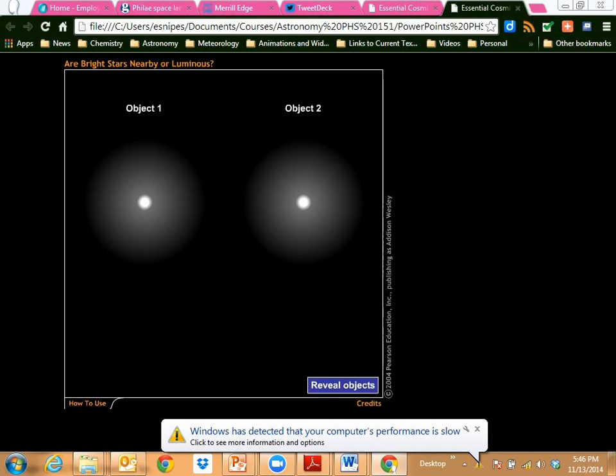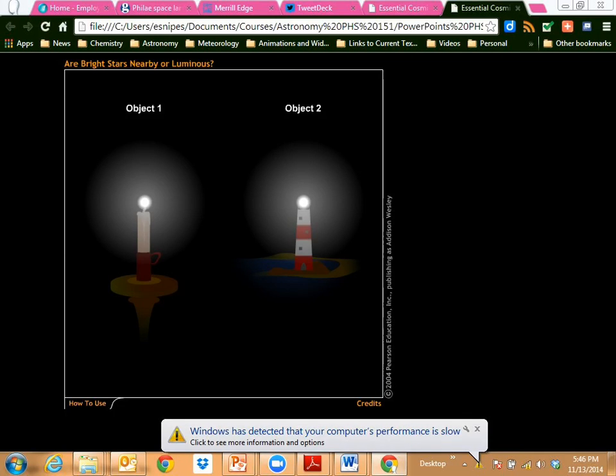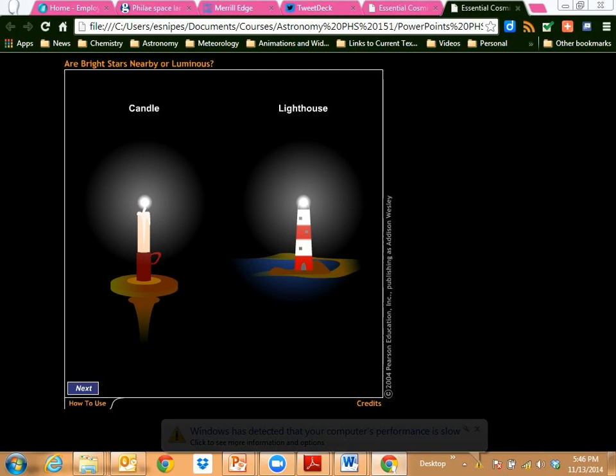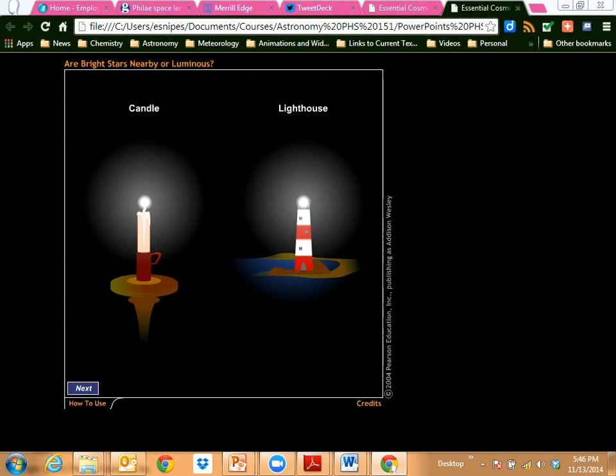So two objects with the same apparent brightness, the same brightness to us. When I reveal those two, they're two very different objects with regard to distance from us. We know which one's farther away. The lighthouse is farther away.